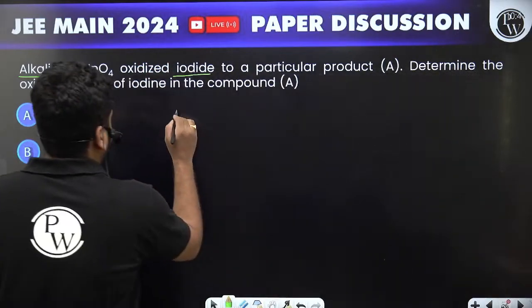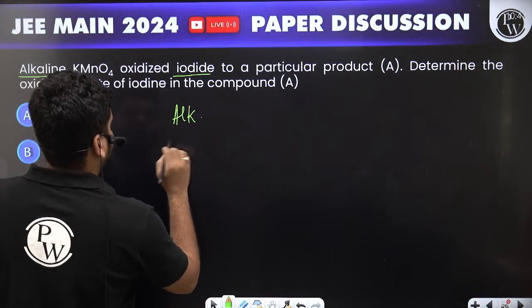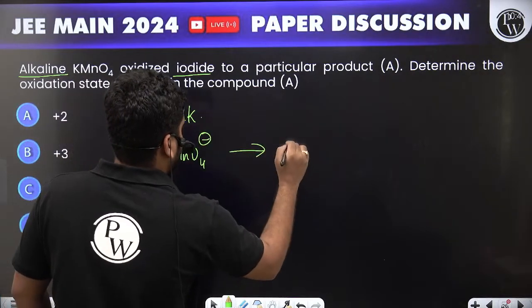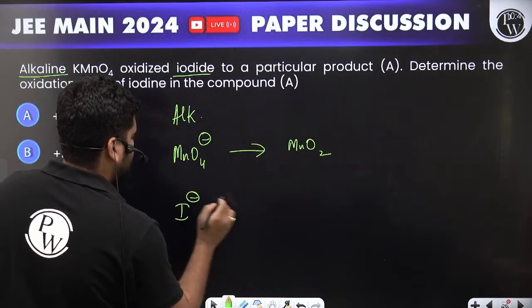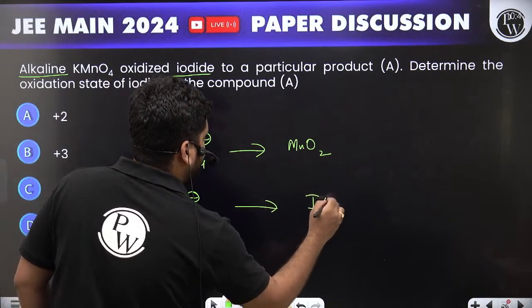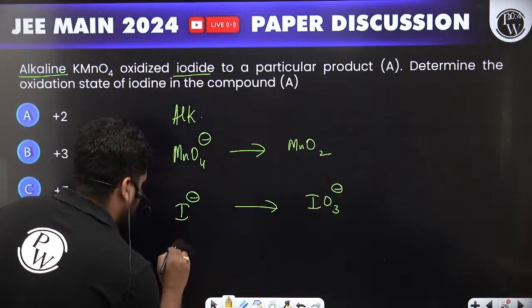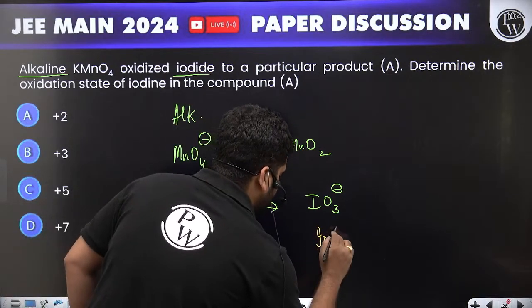So in alkaline medium, KMnO4 oxidizes. First, KMnO4 gets converted into MnO2, and iodide ion gets oxidized to iodate ion, IO3 minus, right? Iodide to iodate ion, right?